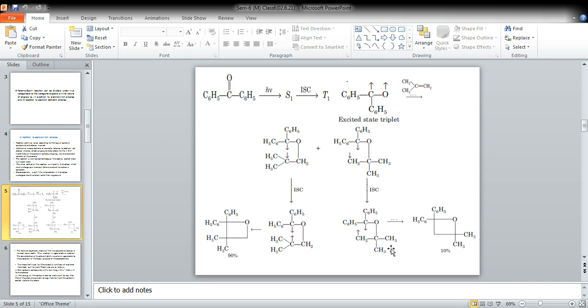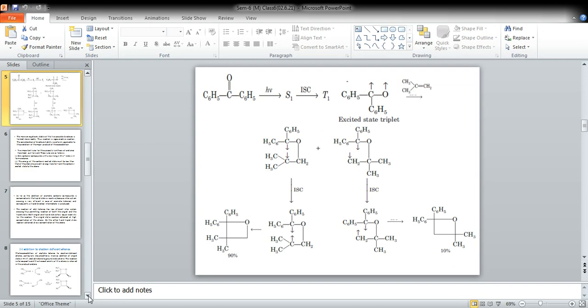Whereas on the other side, towards the right, the CH2 with a free radical is primary in nature, so less stable, and the product formation will not be favored much. Therefore, it is 10%. That's why one product is 90% and another is 10%.